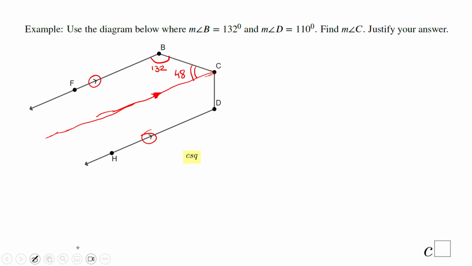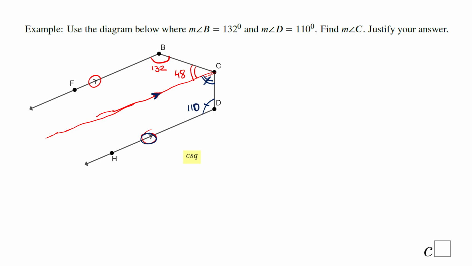Now let's go to the next one, which was angle D, and this other part of angle C. These also are consecutive interior angles, because we have this line we drew and this one, parallel lines, and we know D is 110.